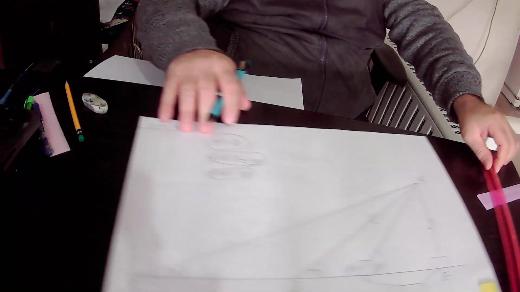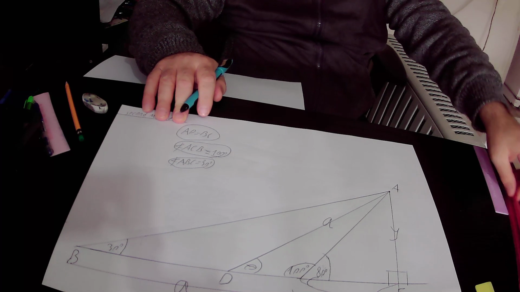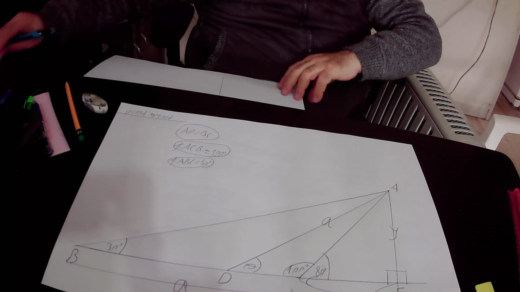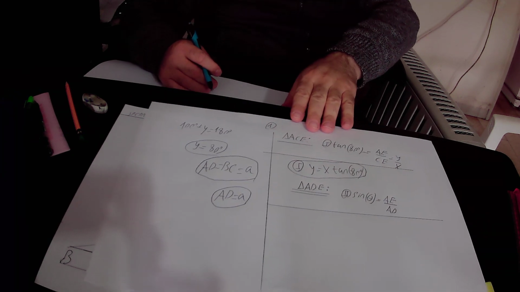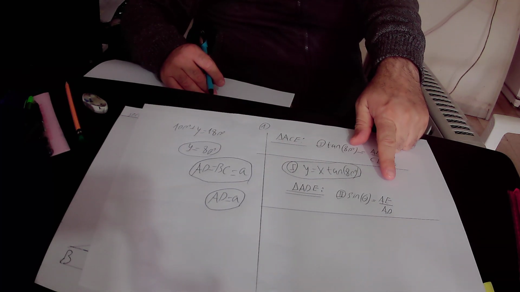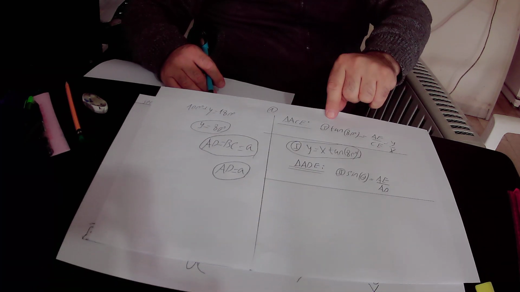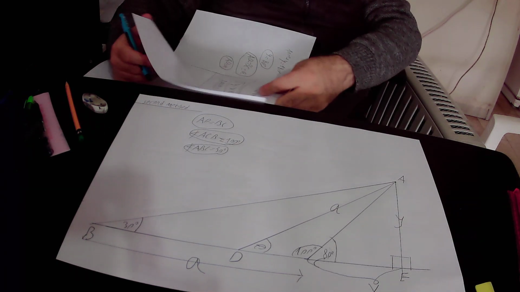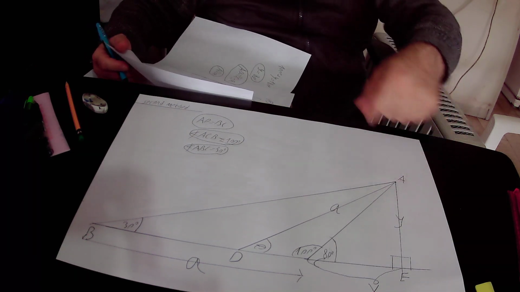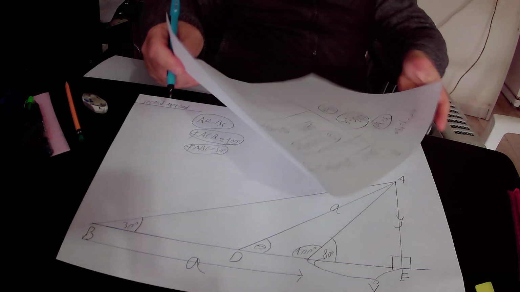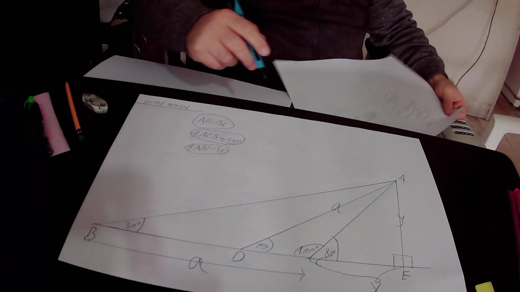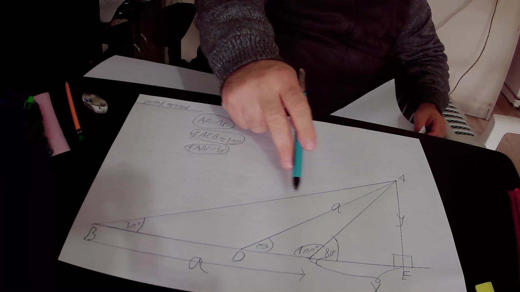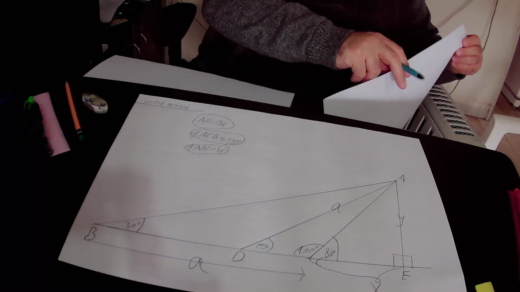I will repeat again. On the right triangle ADE, sine theta equals AE over AD. But AE equals Y according to our definition, so we'll substitute AE by Y. And we have already found that AD equals A, so we'll substitute AD by A.